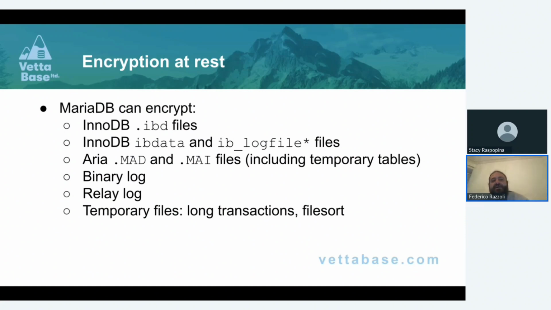The Aria data file and index files, the binary log files, the relay log files on the replicas, and temporary files that might contain, for example, long transactions or are used to sort data on disk to run certain types of queries.